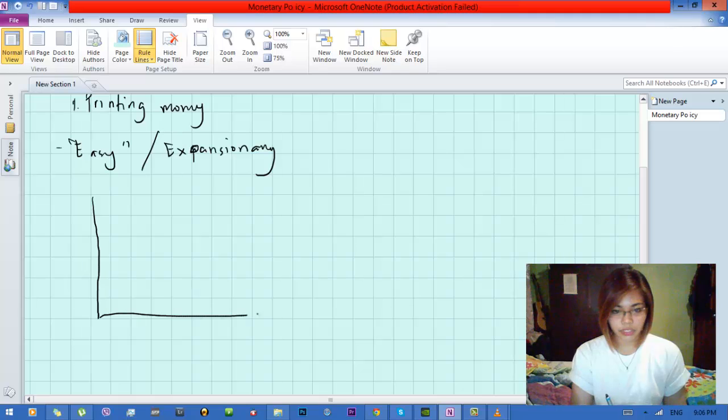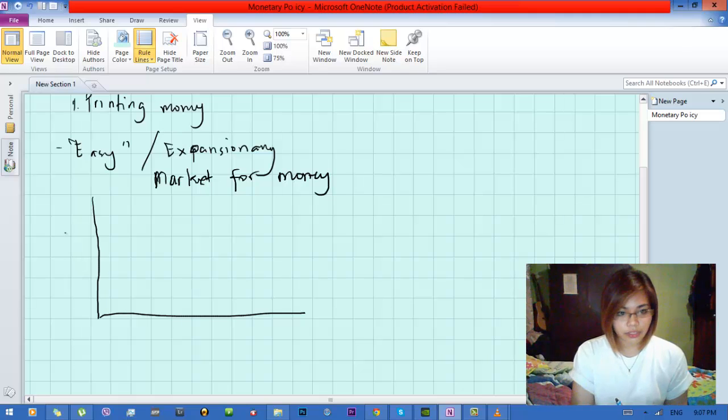So say this is the market for money. And on the y-axis we have our price for money, which is really just the interest rate.